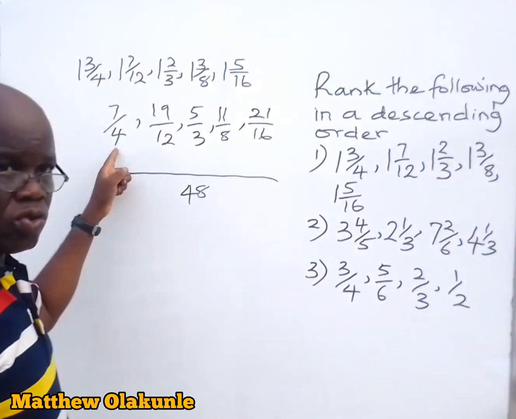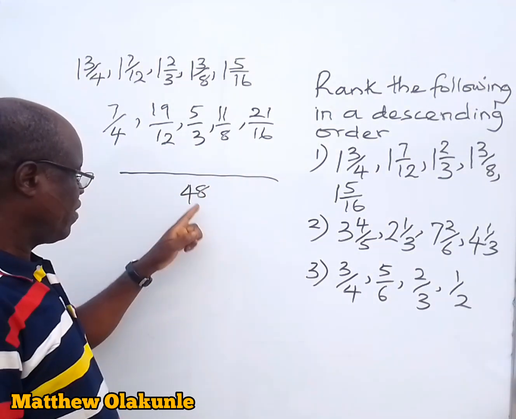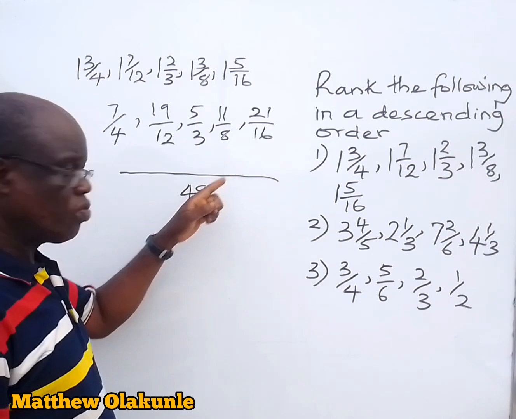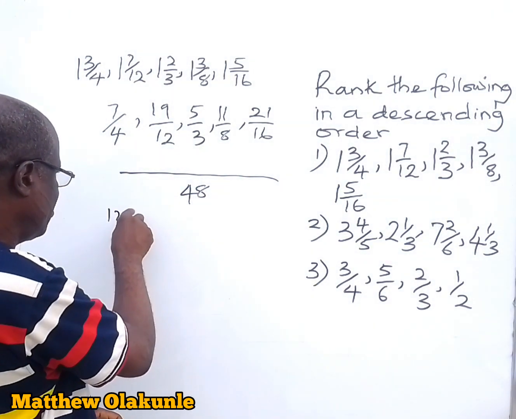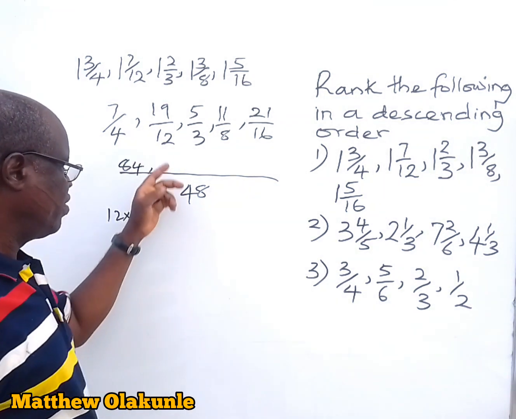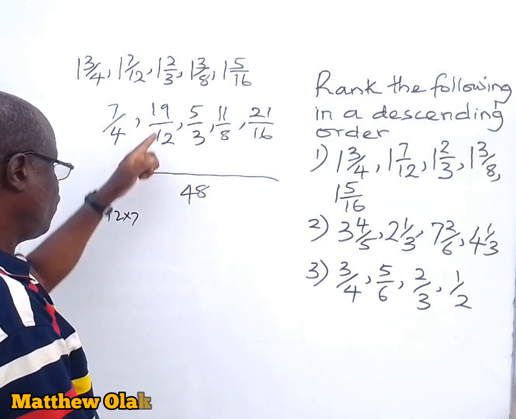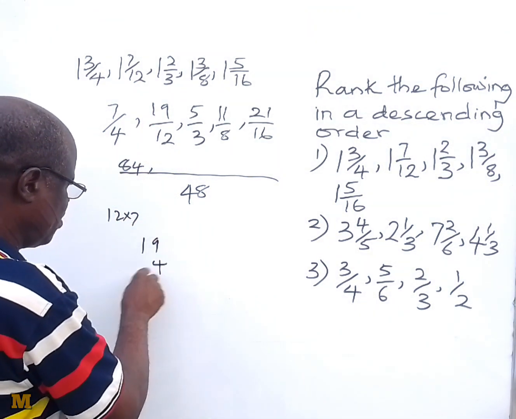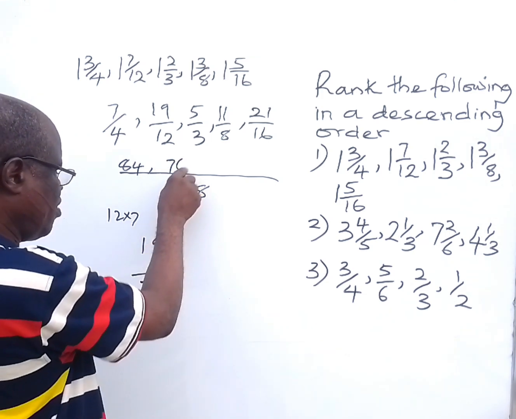So how many times does 4 go in 48? Using each of these denominators, you divide 48 by each denominator. 48 divided by 4 is 12. So 12 times 7 is 84. So you write your 84 here. 48 divided by 12 is 4. Then 4 times 19, that's 76. So you put 76 here.